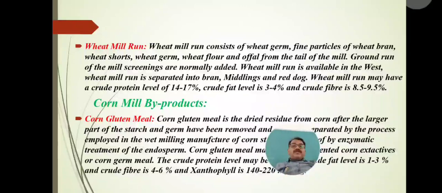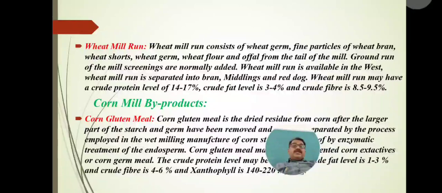Ground run of the mill screenings are normally added. Wheat mill run is available in the west. Wheat mill run is separated into three parts: bran, middlings and red dog.